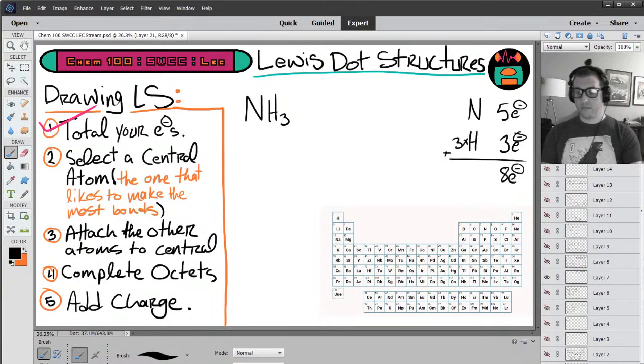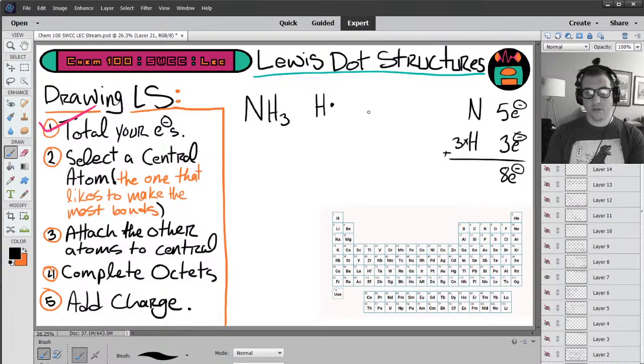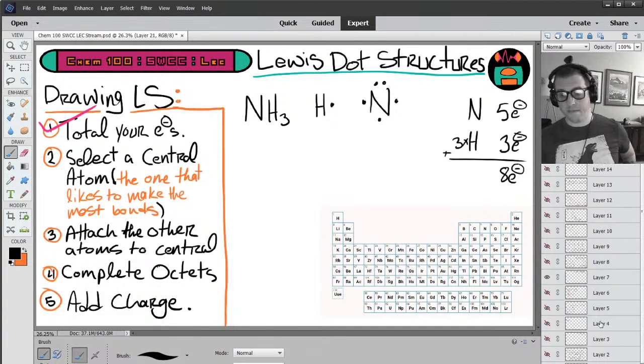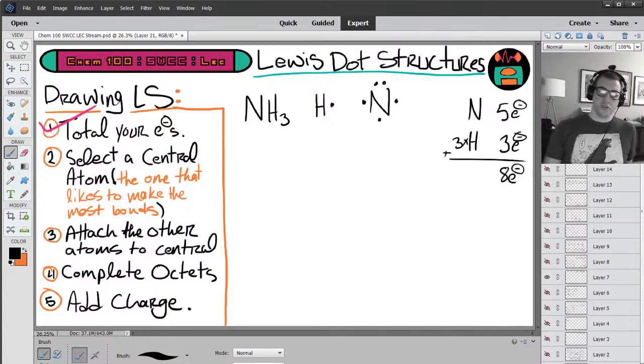So let's go ahead and select central atom. Here, the competition is between nitrogen and hydrogen. And one way you can decipher which will be your central atom is you can look at the Lewis dot structure. Here's why.